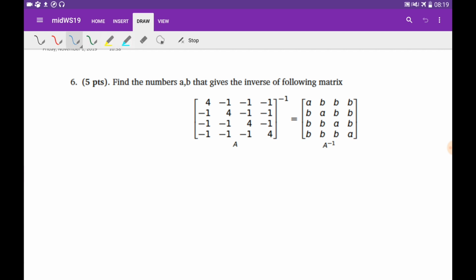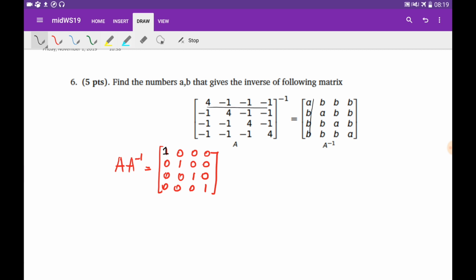Luckily we're given the pattern of this A inverse, right? So please note that if I multiply the A by its inverse, I need to obtain the identity matrix, basically 1, 0, 0, 0, 0, 1, 0, 0, 0, 0, 1, 0, 0, 0, 0, 1. So I can obtain this 1 by multiplying the first row of the A by the first column of the A inverse, right?